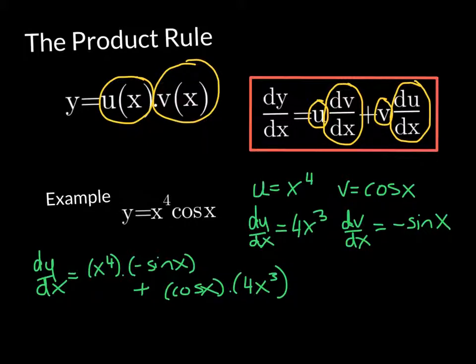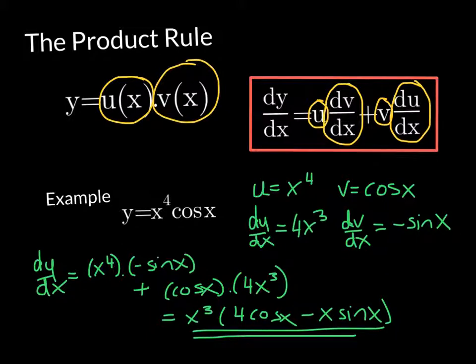So we have now our expression for dy by dx, but we should really tidy this up into something that looks a bit better. So we can take out x cubed from both expressions, and then we have x cubed multiplied by 4 cos x minus x sin x.